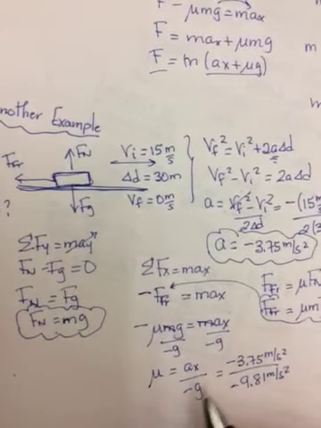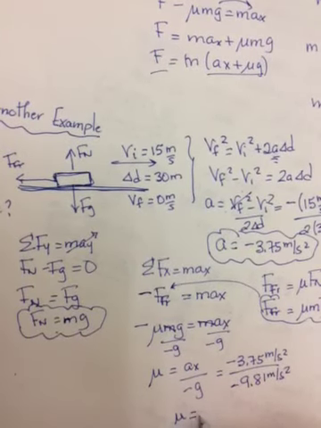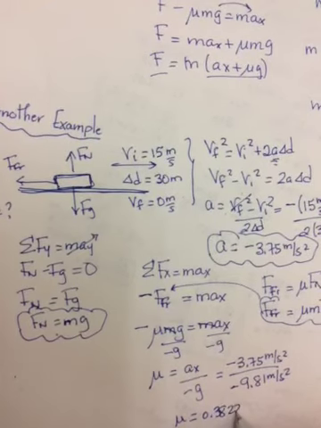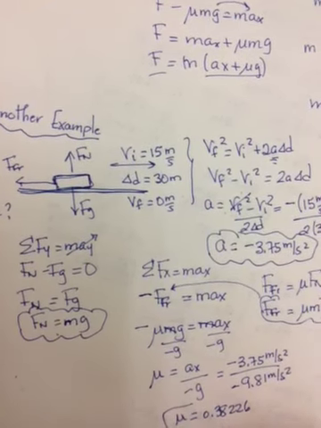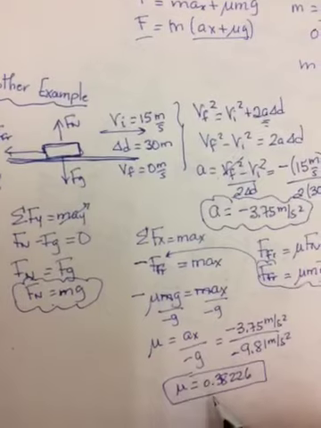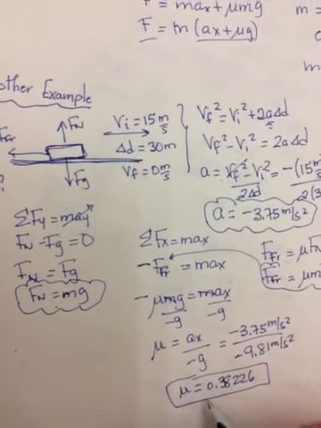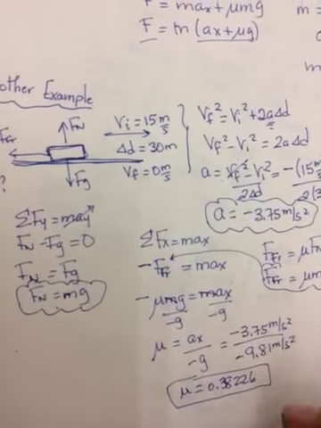The negatives cancel, the meters per second squared cancels, and we're left with 0.38226 for our coefficient, which means the ice has not just been Zambonied, it's actually cut up quite a bit. Might be late in the period or something.